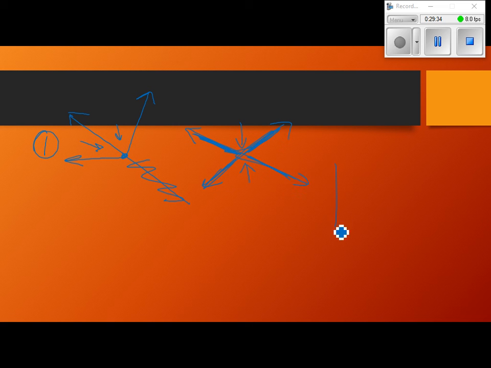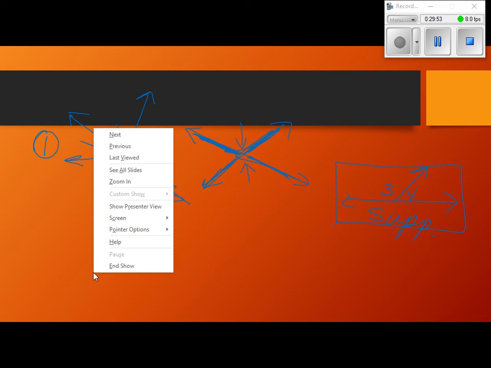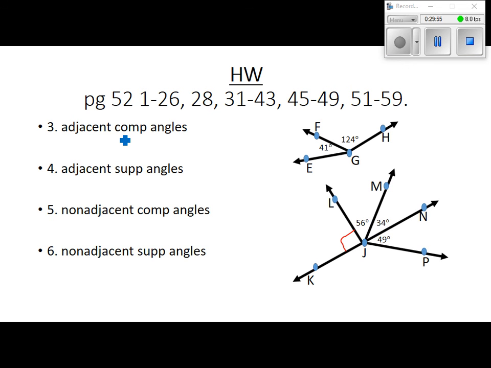So the one that doesn't belong is the one with angle 3 and angle 4. That one doesn't belong because they are supplementary to each other, and all the rest of them were complementary to each other.